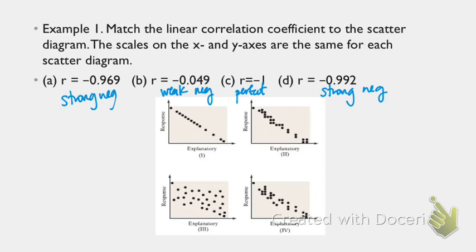Yeah, then D. So number 1, is that the perfect one? C. Perfect, so C. Number 2, A. Then D. This one is stronger than this one, right?